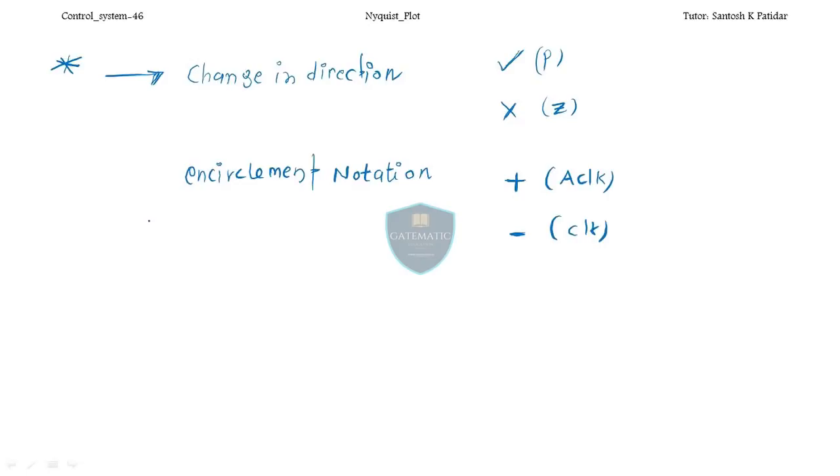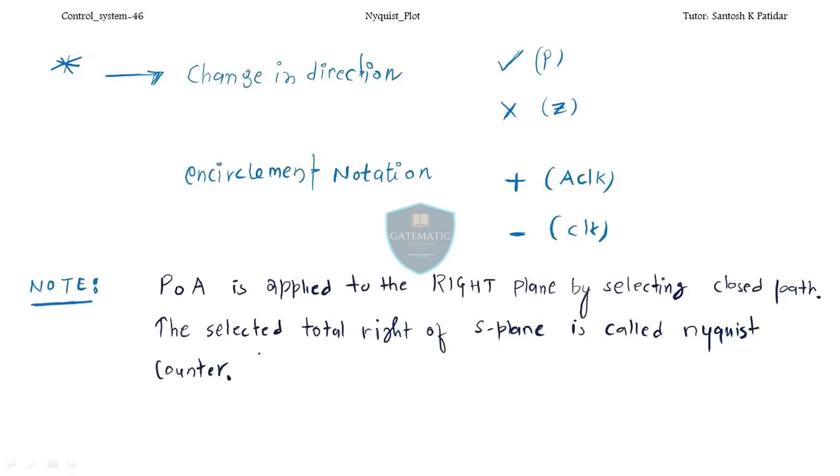Now we'll switch to the next thing, that is, the principle of argument is a total right plane analysis. Today's lecture will finish with this note point: the principle of argument is applied to the right plane by selecting the closed path.